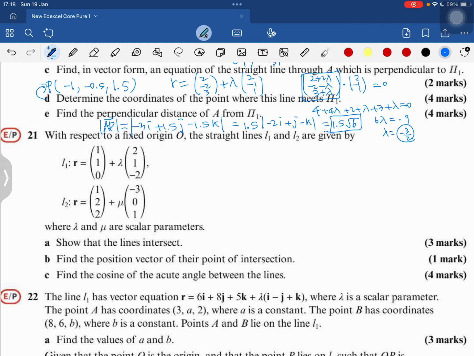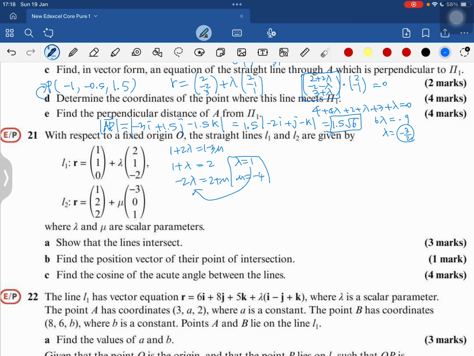So sometimes when they are not parallel, they can still be skew. Let's make it like this. x: 1 plus 2 lambda equals 1 minus 3 mu. y: 1 plus lambda equals 2. z: -2 lambda equals 2 plus mu. So lambda is 1. When lambda is 1, mu is -4.